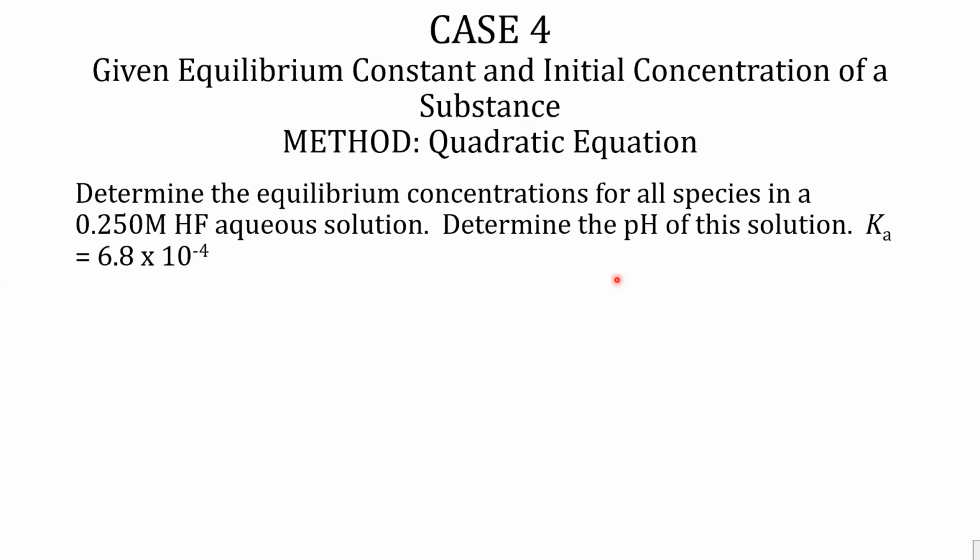Case 4 is where one is given the equilibrium constant and initial concentration for a substance. The method used to solve for x is the quadratic equation. The problem is: determine the equilibrium concentrations for all species in a 0.250 M HF aqueous solution. Determine the pH of this solution.